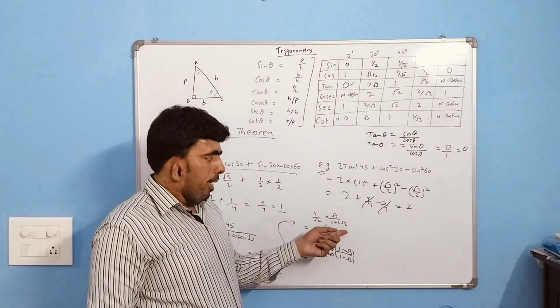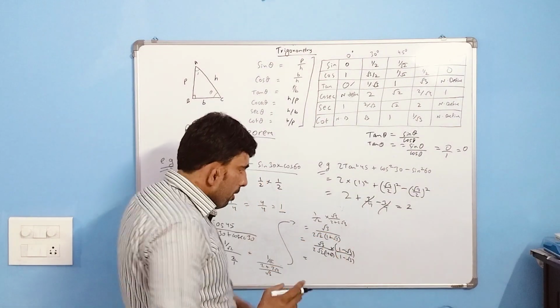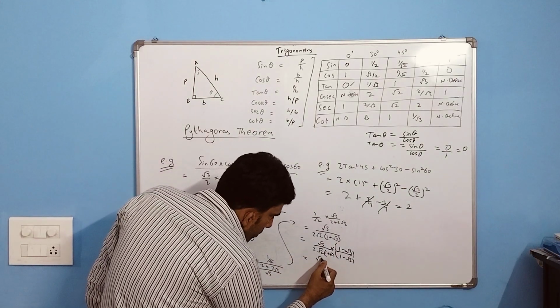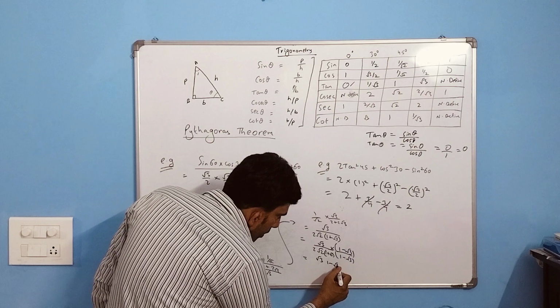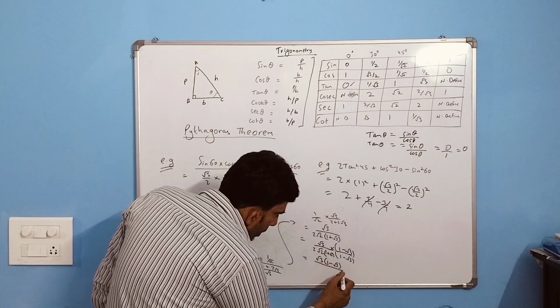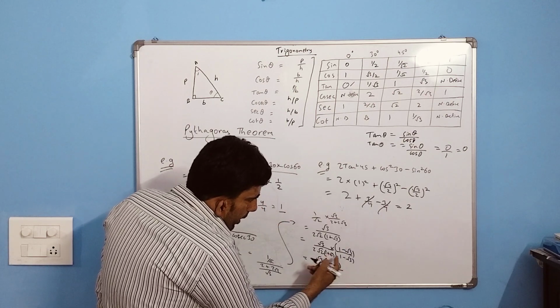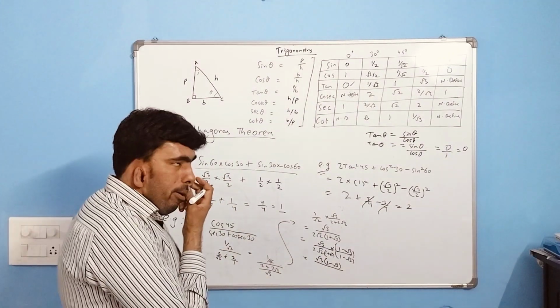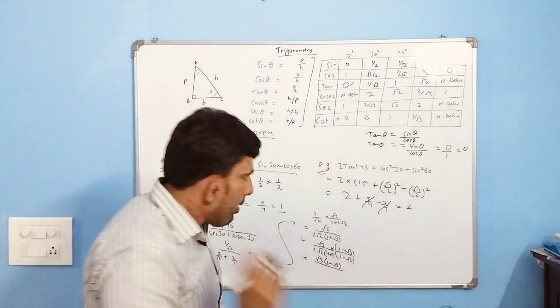Whenever we rationalize anything, the sign changes, so we have just changed the sign in between. Now 1 plus root 3 into 1 minus root 3, similar to the one we have done earlier: a plus b into a minus b is a square minus b square.